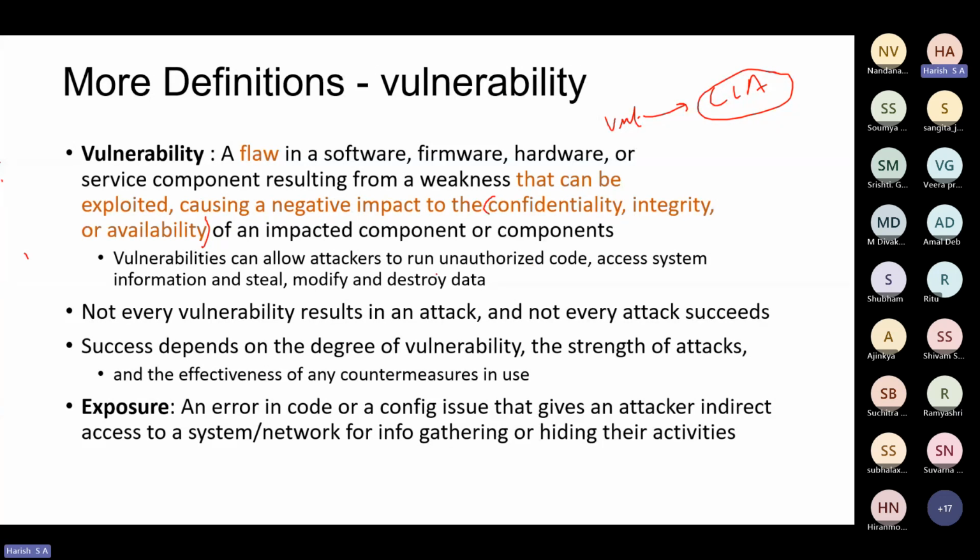And exposure. So what is exposure? It's another term: an error in code or a configuration issue that gives an attacker indirect access to a system or network for information gathering or hiding their activities. So exposure is more of a passive exploit.